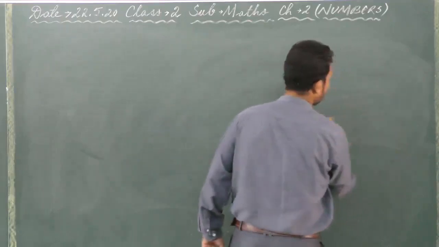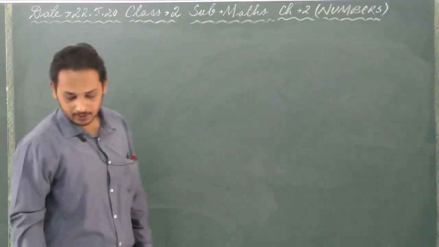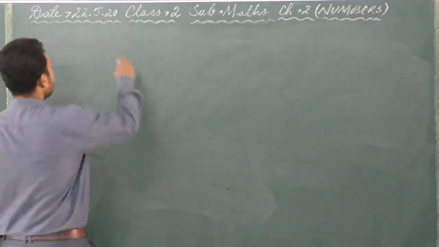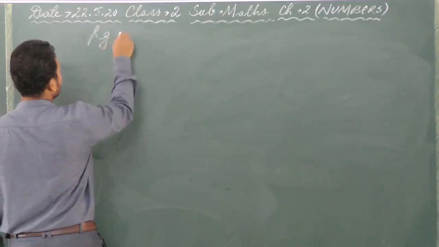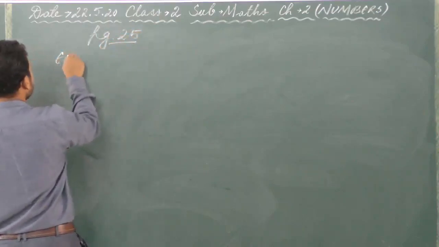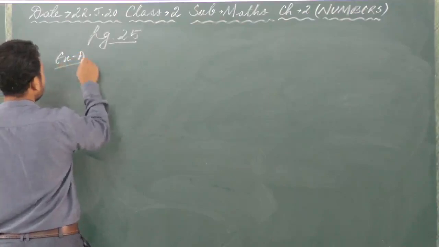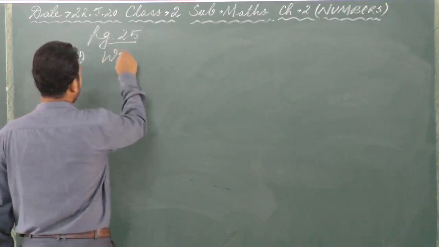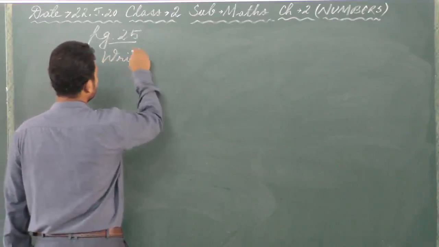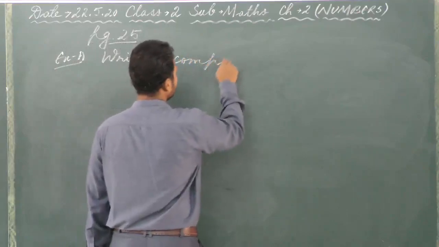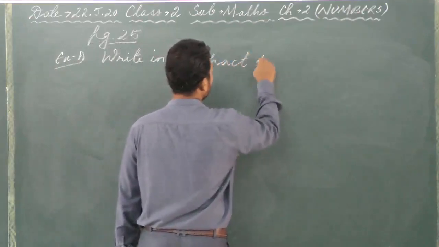Okay, now we move to the last page of this chapter, that is page number 25. You have the first exercise there, exercise A, that is write in compact form.